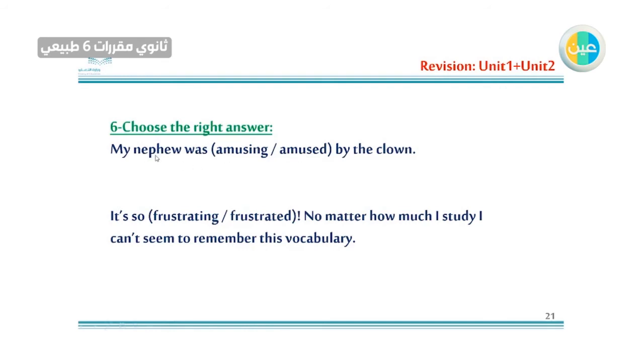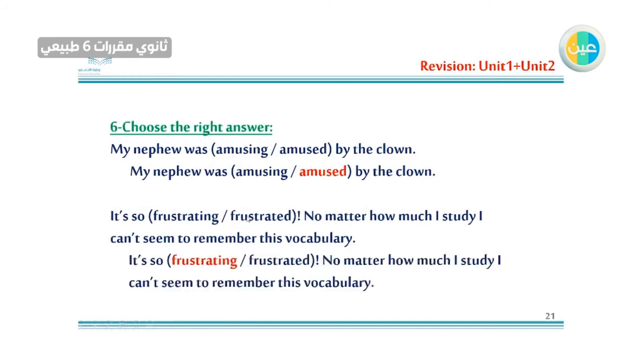Your nephew, so we are expressing his feeling. So yes, amused. It's so frustrating or frustrated? No matter how much I study, I cannot seem to remember this vocabulary. The situation is very frustrating, not that he is the one who is frustrated.